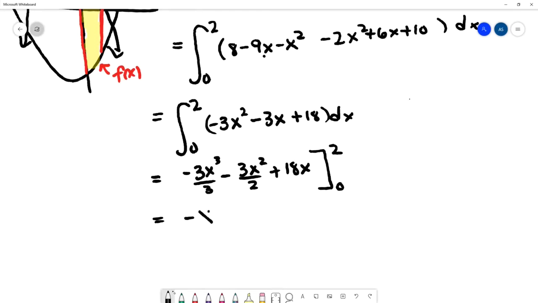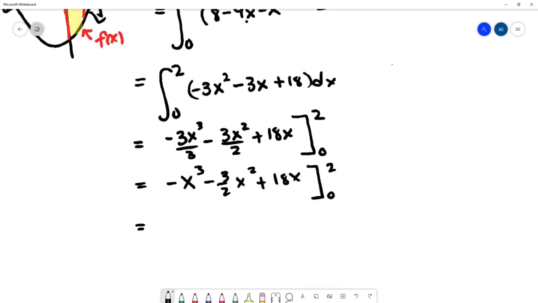And that would give negative x cubed minus 3 over 2 x squared plus 18x, and we're going to evaluate that from 0 to 2.